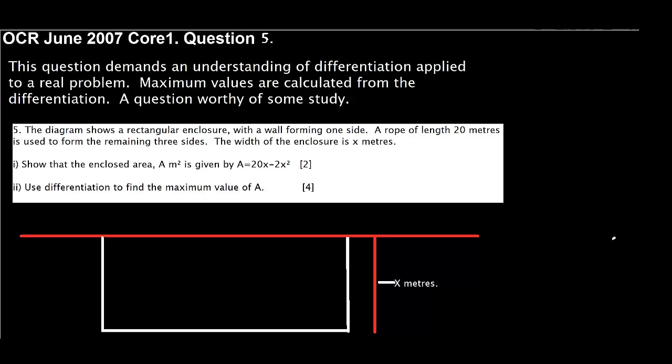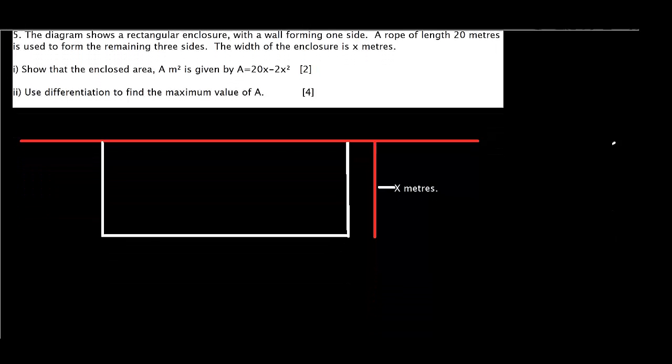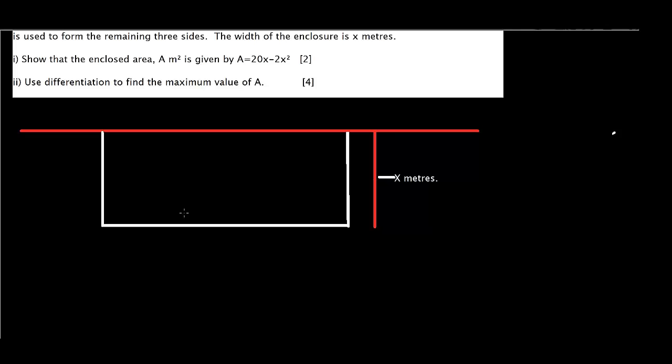So, where do we start? Well, to find the area, we know the width is x metres, so we need to calculate this distance here.